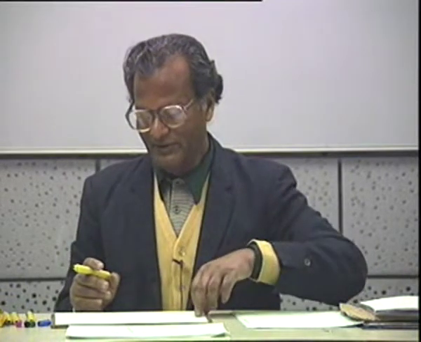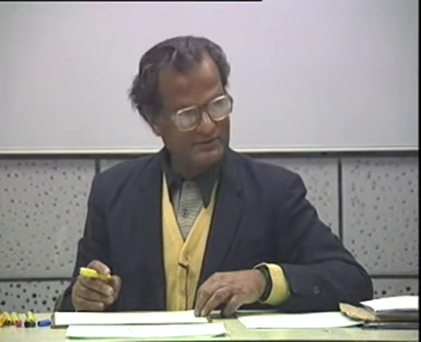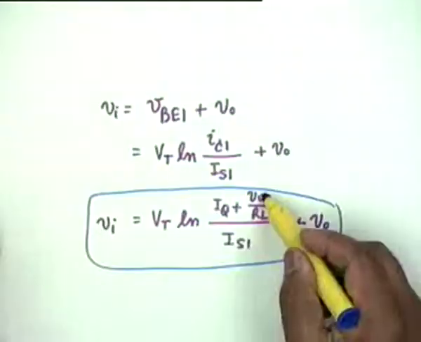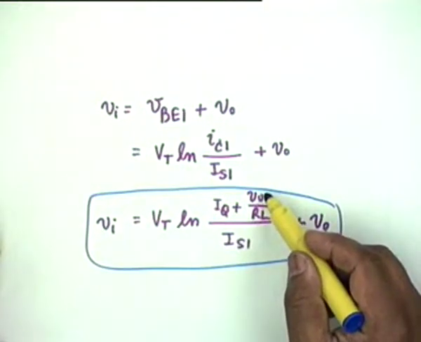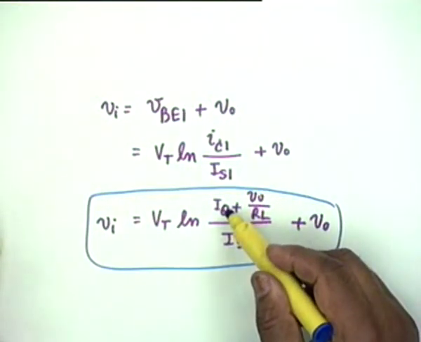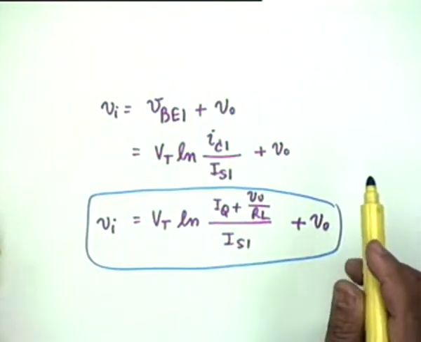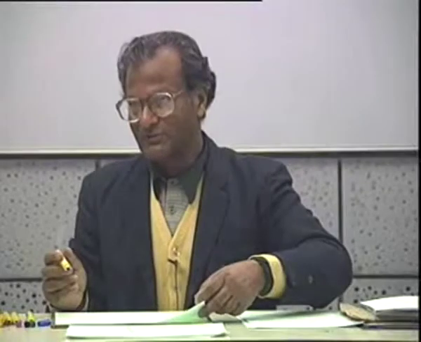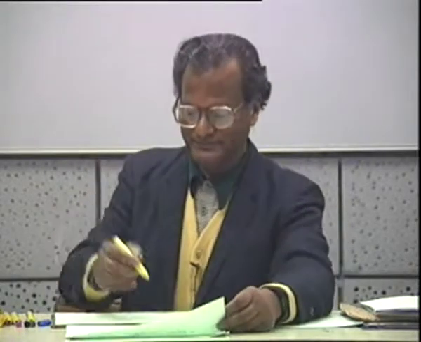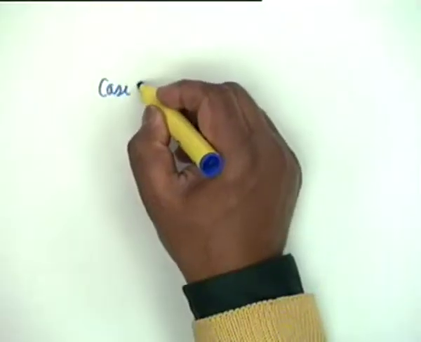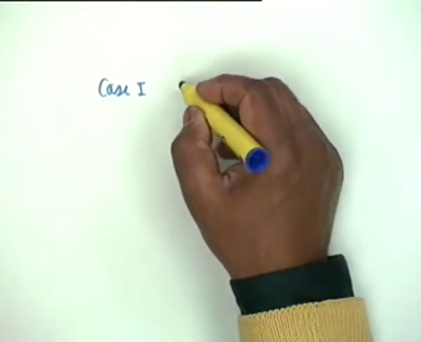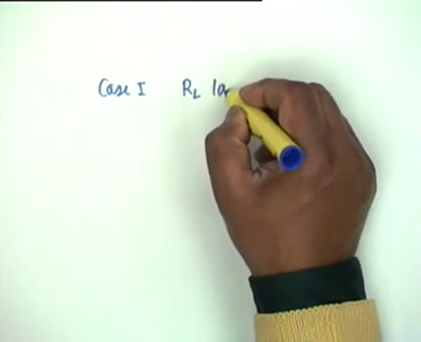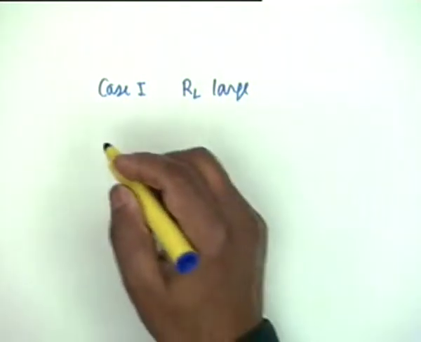However, for very large RL, such that V0 by RL can be ignored compared to IQ, we can find an approximate relationship. So we consider case 1, in which RL is large.